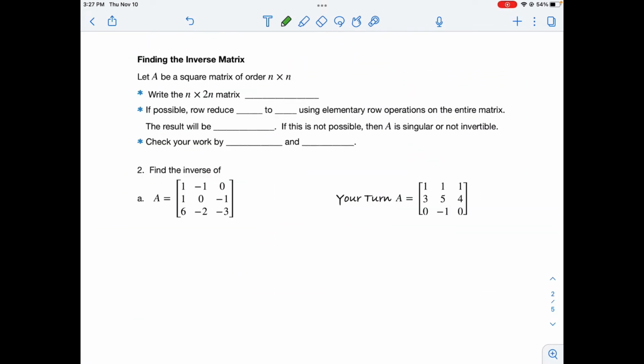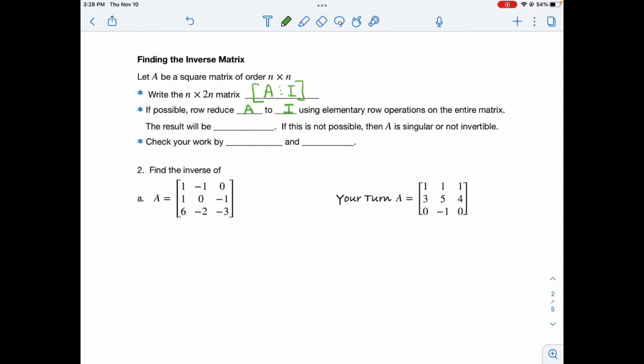All right, how do we find the inverse of any square matrix? Well, first you're going to write an n by 2n matrix. So we're going to double the number of columns by writing the matrix A, the original matrix, dot, dot, dot, the identity matrix for that square matrix. Okay.